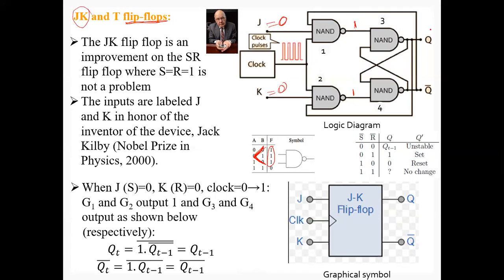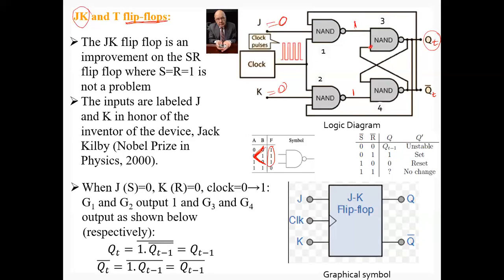Now, this is Q(t), by the way, okay? This is Q(t), this is Q(t) bar, okay? Now, we need to find Q(t), this guy. How do you find it?